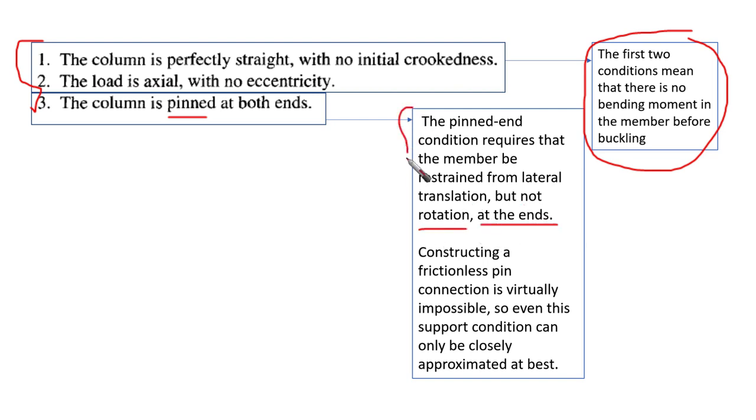So their concern is lateral translation here. Constructing a frictionless pin connection is virtually impossible, so even this support condition can only be closely approximated at best. Okay, all of them are difficult to achieve, but we need to work with these assumptions and use them in the derivation of our equation.